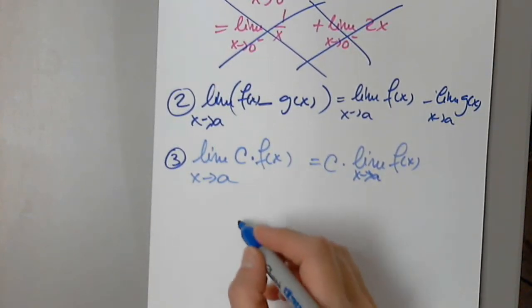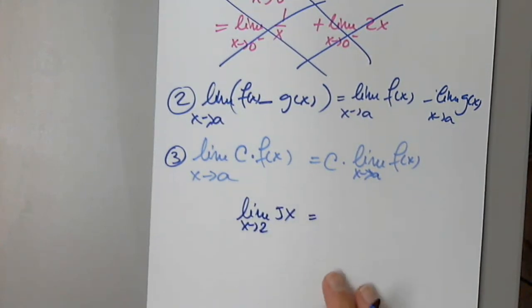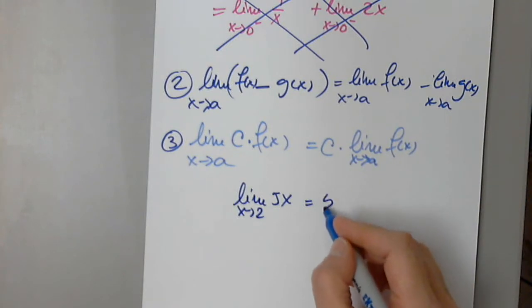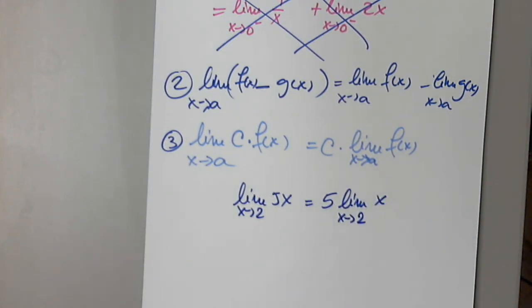Here's an example for you. Limit of 5x as x approaches 2. This is the same as 5 times the limit of x as x approaches 2 from either side, because it's a constant times a function.